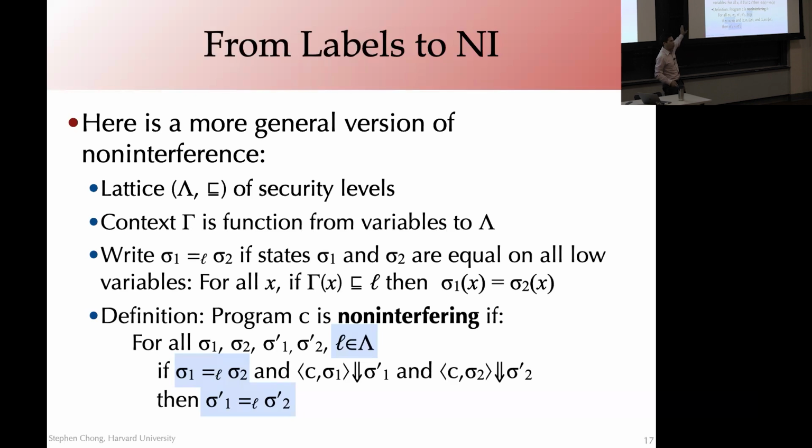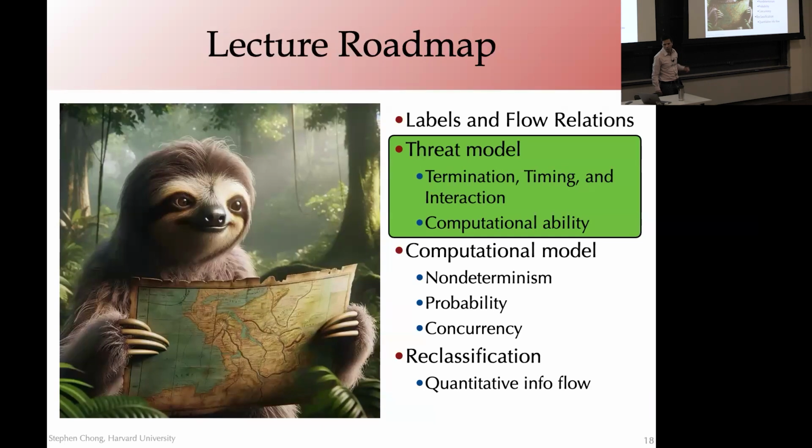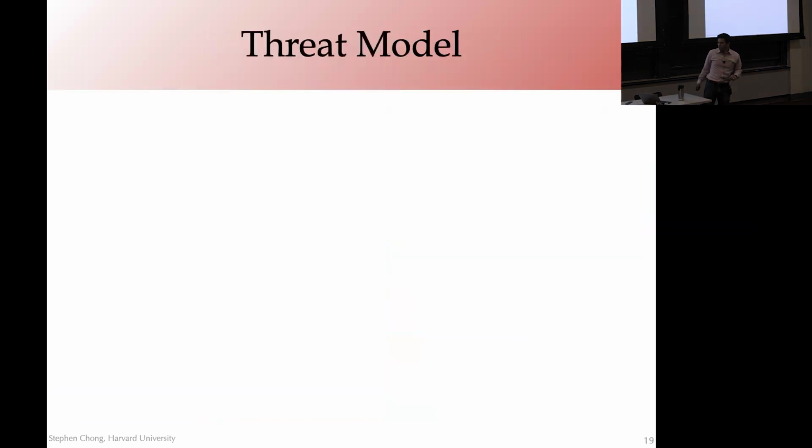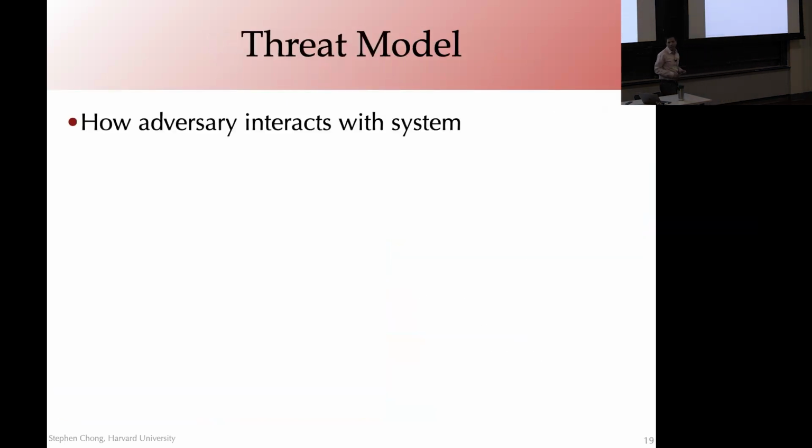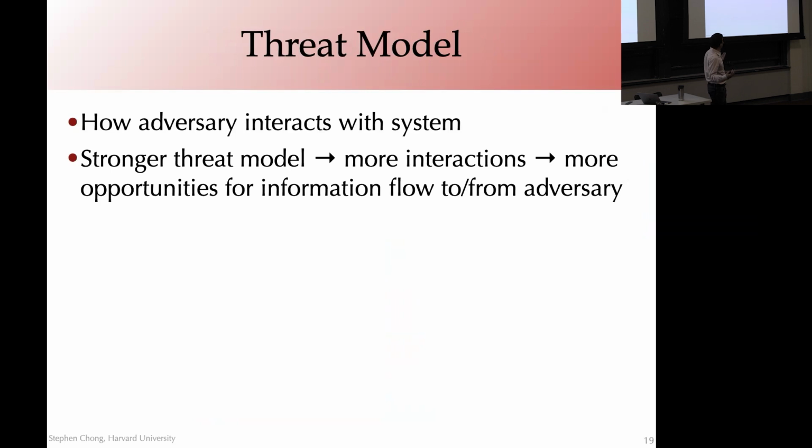So this is taking us towards more expressive notions of non-interference, generalizing the labels. Let's think about more realistic threat models. By the threat model, I mean how the adversary interacts with the system. Now, a stronger threat model means that the adversary has more ways of interacting with the system.